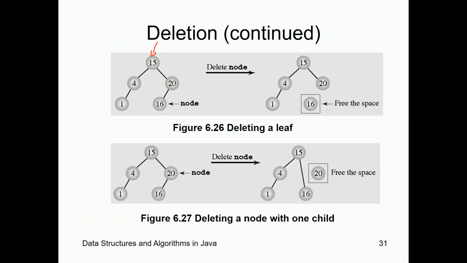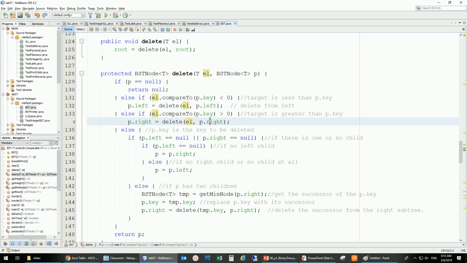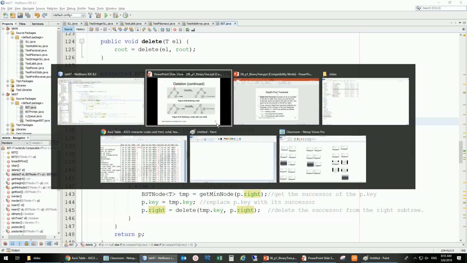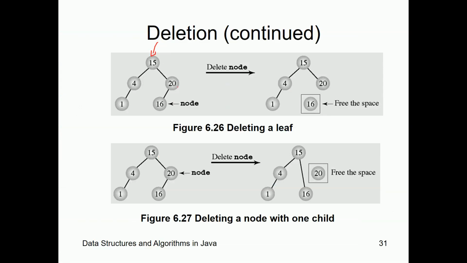So I'm going to delete 16 with the node that has 20. Again, we call again. Is it null? No. Is 16 smaller than 20?